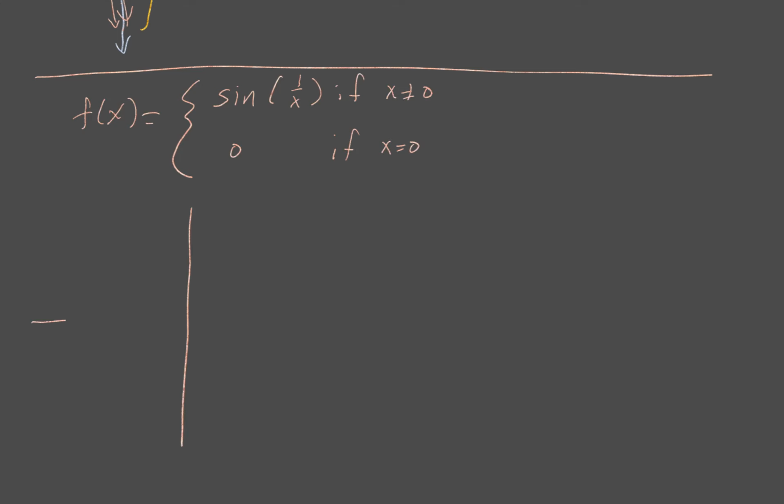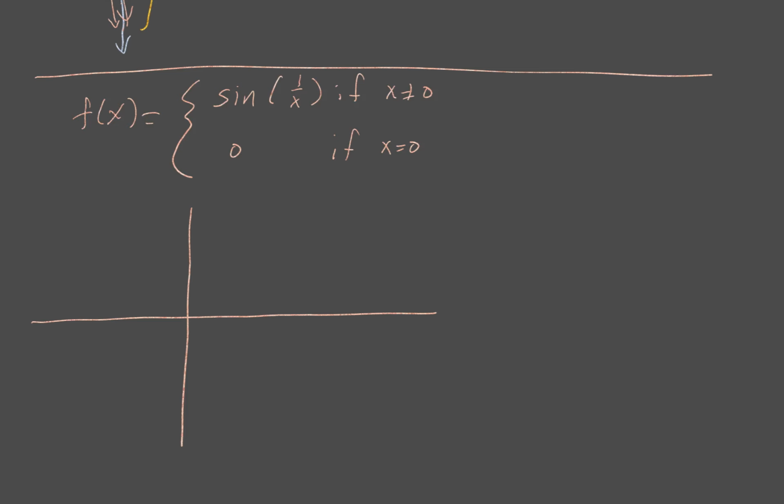The other thing that we could talk about is, let's look at this graph. I've got f of x equals, we'll write it as a piecewise function, the sine of 1 over x if x is not equal to 0, and it's equal to 0 if x equals 0. So let's look at the graph of this thing.